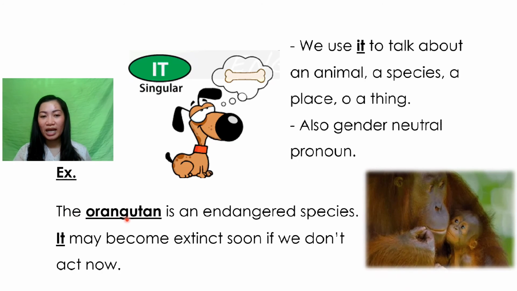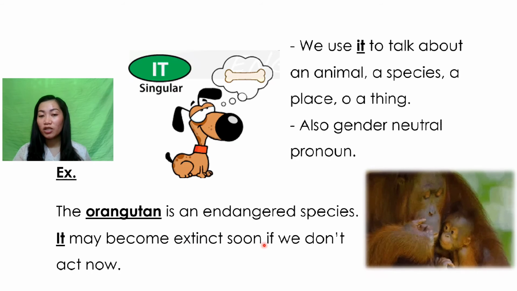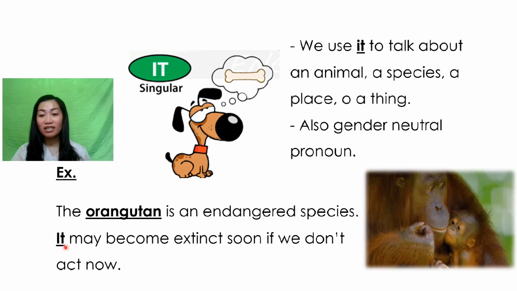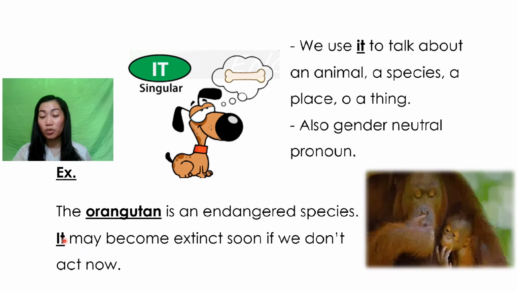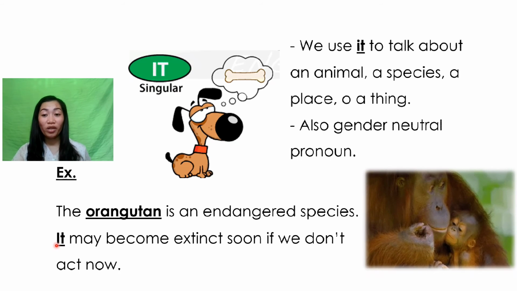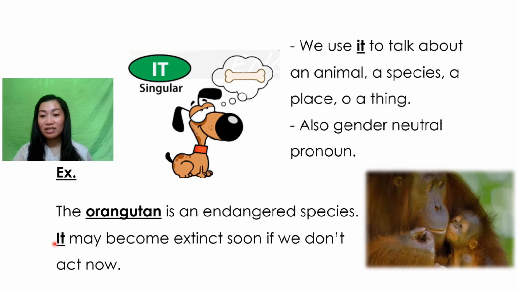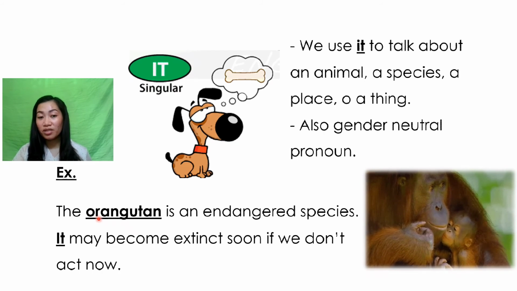Okay, we have an example here. The orangutan is an endangered species. It may become extinct soon if we don't act now. For the second sentence, we use the pronoun it. It refers to the subject, yes, orangutan. We already know that when we say it in the second sentence, it refers to the first sentence, which has our subject, the orangutan.